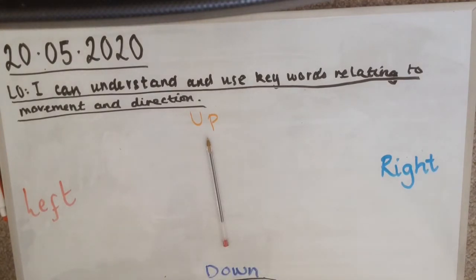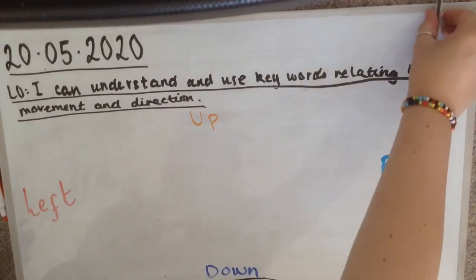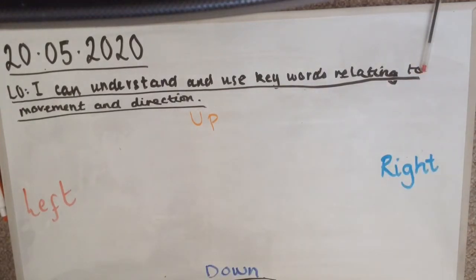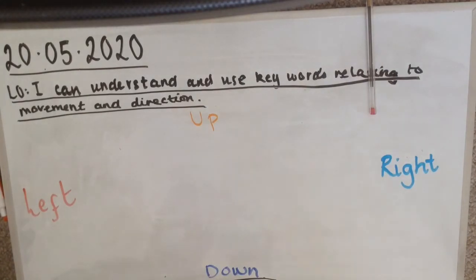Okay? So this time, I want you to tell me which way the pen has moved. Okay, thinking about it, I'm going to do that again. Which way has the pen moved?